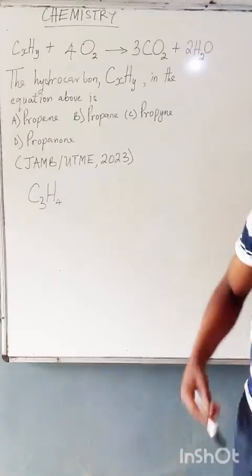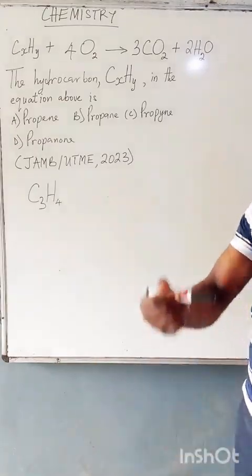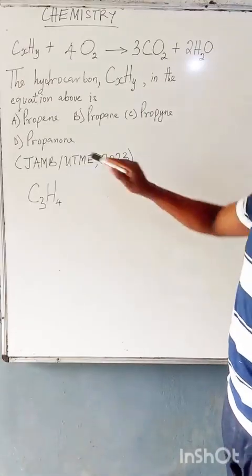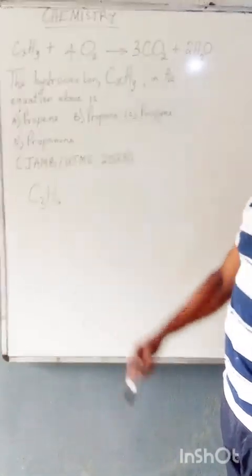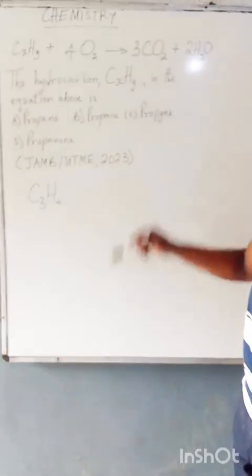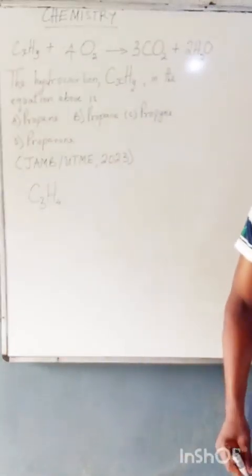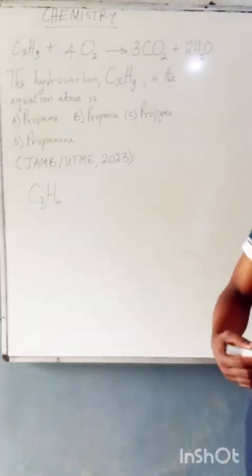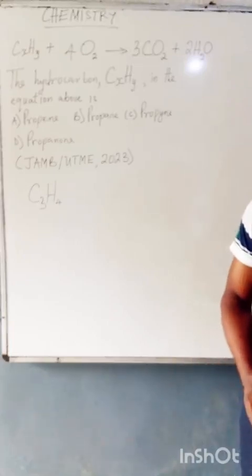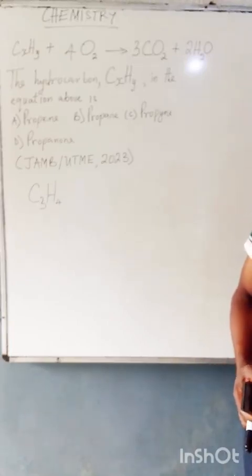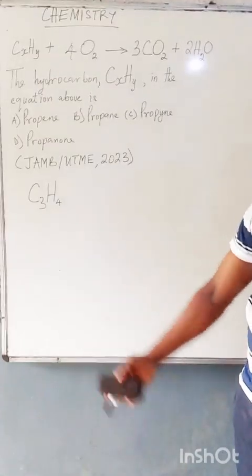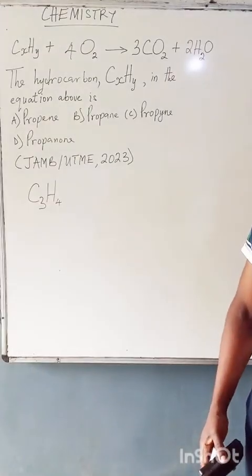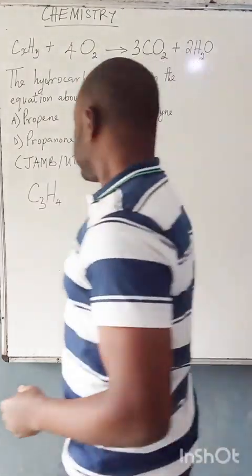The next thing is this hydrocarbon, whose chemical formula is C3H4. What structure does it have? It is from the structure that we will know whether it is propanone, propyne, propane, or propene. When you were in SS1, your teacher introduced bonding and taught you how to write the structure of a hydrocarbon like this. Let's try it.